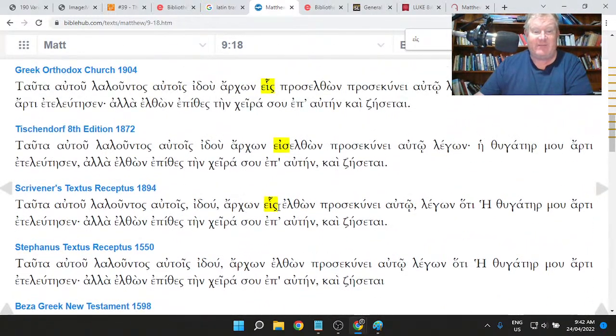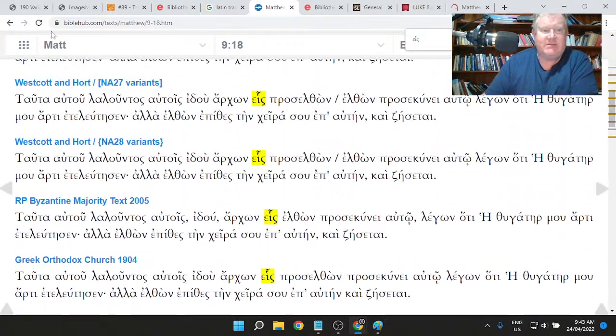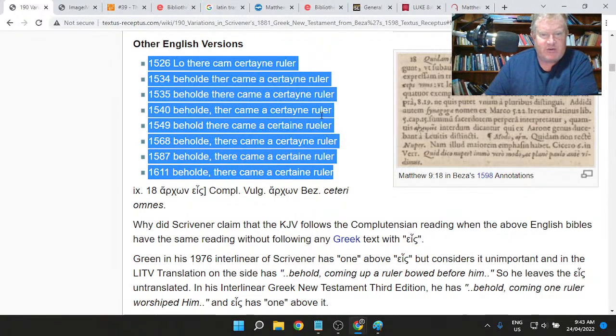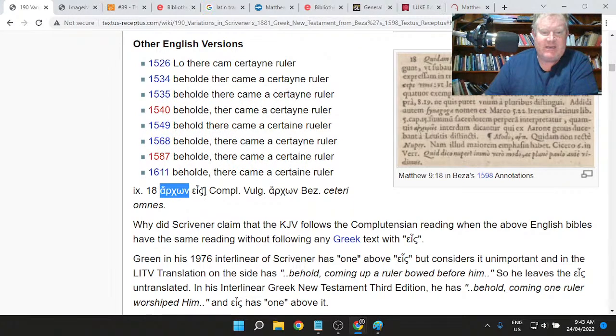So this is a critical text reading, in a sense where if you were to categorize this, you'd have to say, well, it's definitely a Westcott and Hort reading. So this is problematic for me, because I just think that the evidence is all there that a certain ruler came from archōn, and we didn't need to add the ἵς there. It's just completely unnecessary.